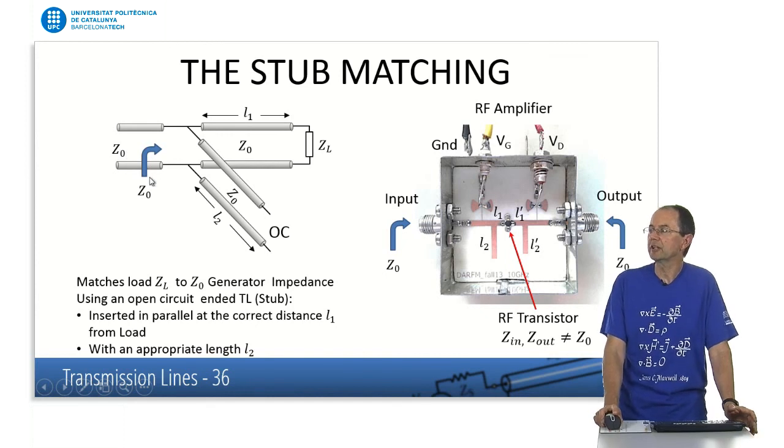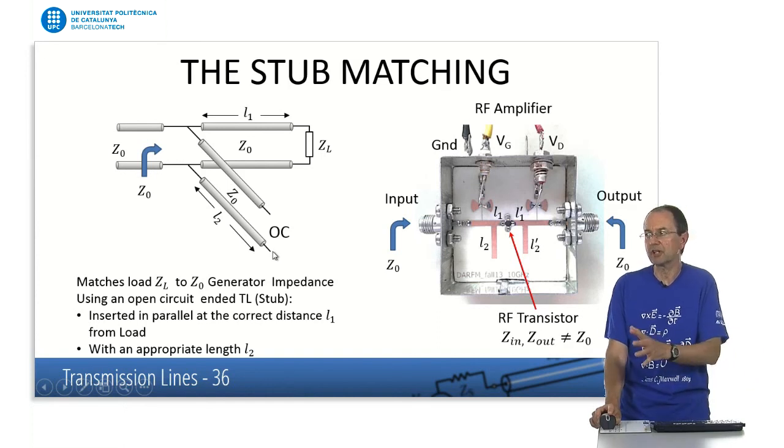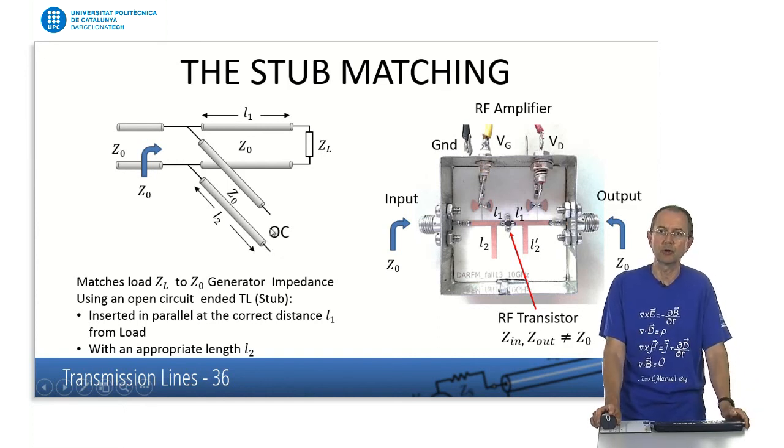So in this case, what we are going to do is the following. We are going to provide an open-ended transmission line, which is connected in parallel to the main line relating the generator and the load. So you see here we take a piece of transmission line and leave it open at the end. It can be shorted as well, but the example here is using an open circuit case.